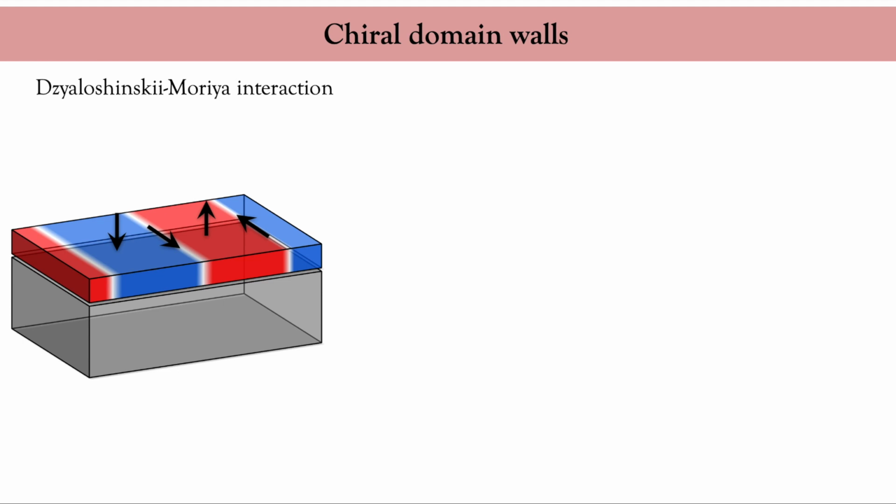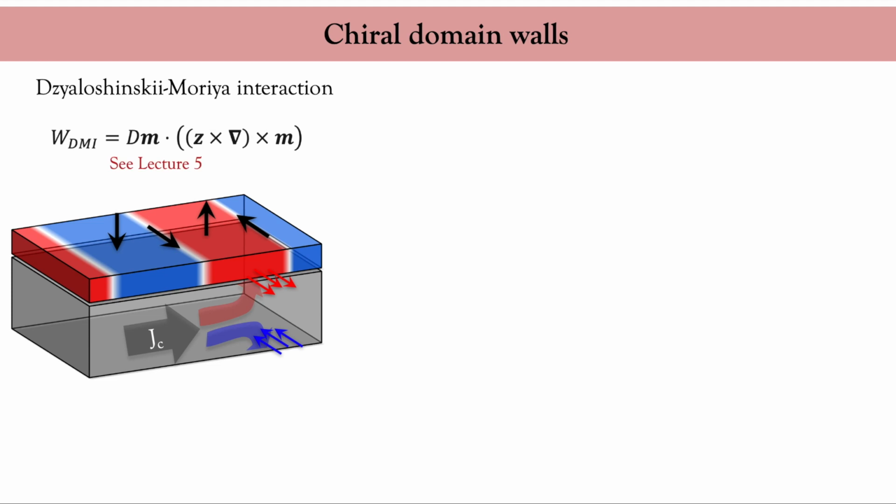Now, I inject a current density in the bilayer, and because this heavy metal has strong spin-orbit coupling, a spin Hall effect arises that injects a spin current into the ferromagnet. Notice that in the block configuration, the magnetic moment at the center of the walls is collinear to the incoming spins, and therefore the current does not exert any torque on the wall.